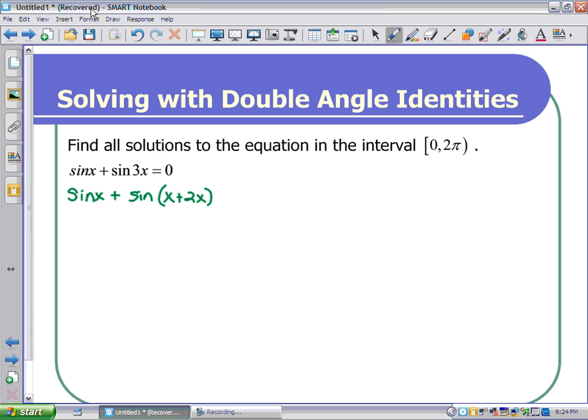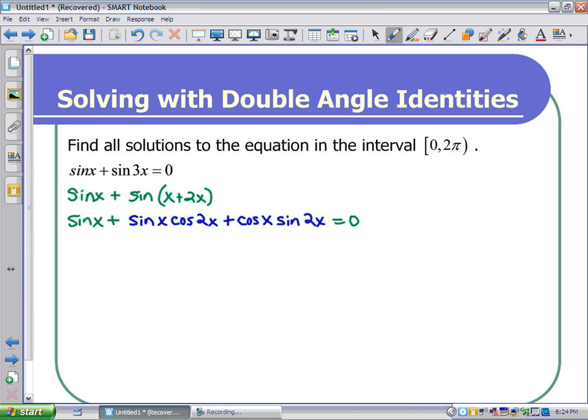So I'm going to bring down here sine x, and now we're going to replace sine of x plus 2x using our sum and difference identities, and we have sine of the first angle, which is x, times cosine of the second angle, 2x, plus cosine of the first angle, x, times sine of the second angle, 2x. That's equal to 0.